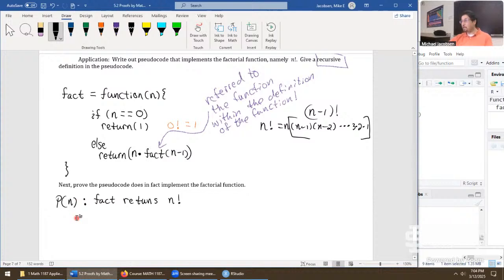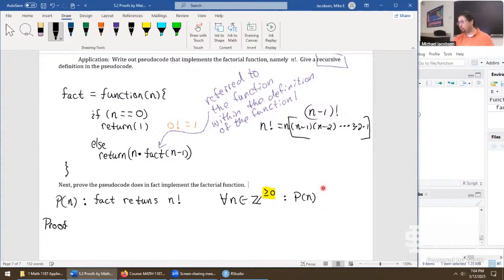So that's the statement that we want to connect to what we did up here in the pseudocode. But what we're actually proving is that for all n in Z greater than or equal to 0 this time, so this is a pattern break, factorial starts at 0, so we're going to start our statement here at 0 as well. For all n in Z greater than or equal to 0, P(n) is a true statement. So we'll just say tersely P(n).